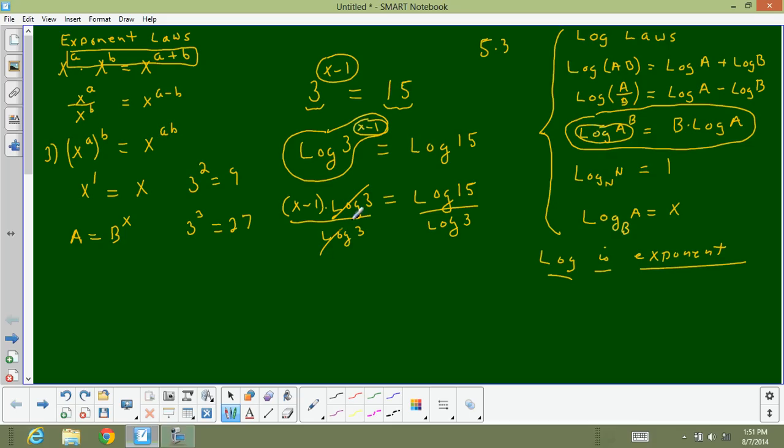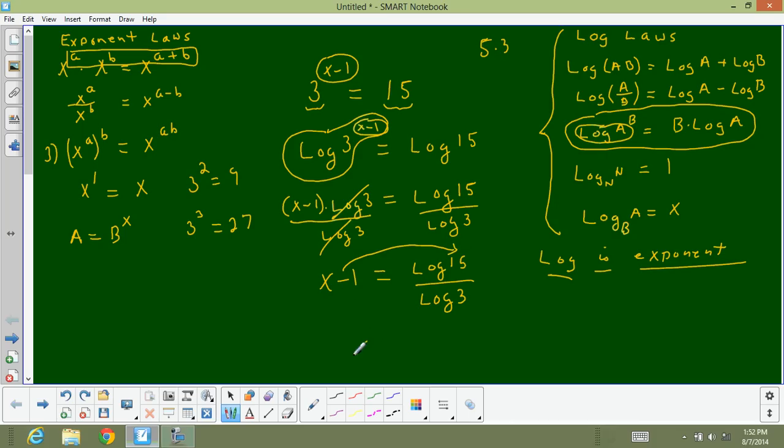And of course that cancels over there just like it does under normal elementary algebra. And we've got x minus 1 equals log 15 divided by log 3.